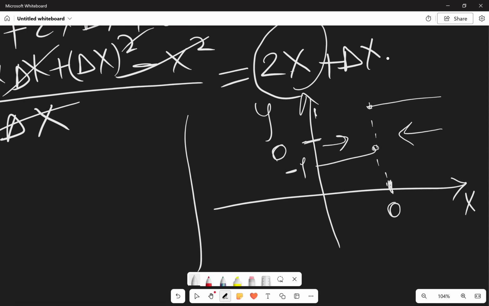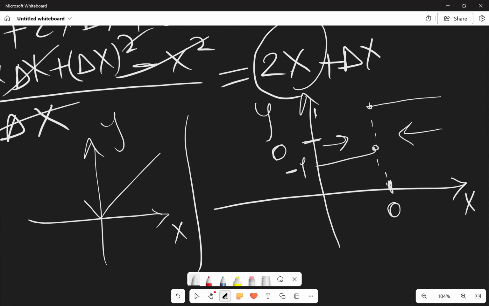Also, continuity may not be enough because we could have a continuous function that looks like this. It is continuous, but at x equal to 0, also approaching the function from left and from right at this specific point gives us different values. So the limit doesn't exist. So we wouldn't be able to have a derivative.